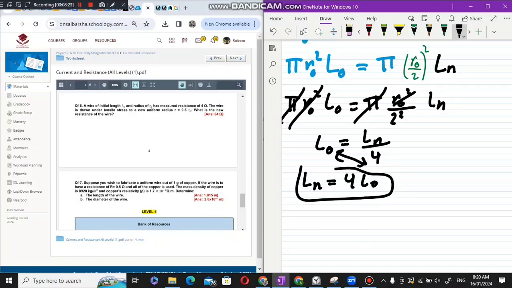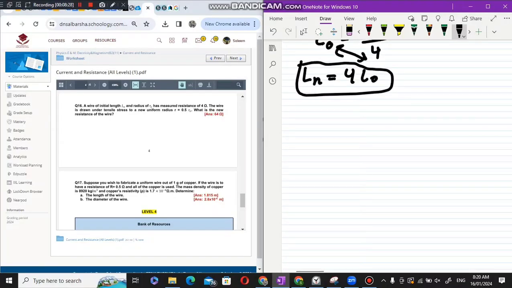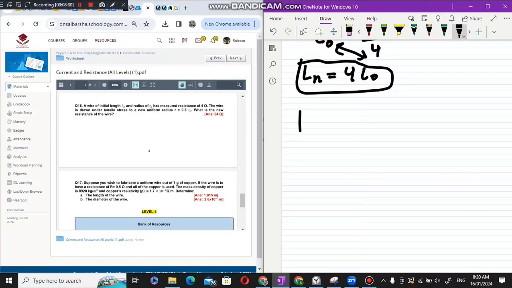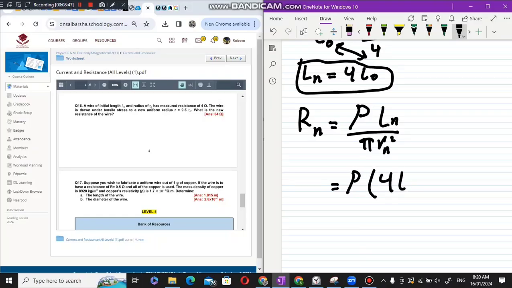Now since we got this, we can plug it into the normal resistance equation, where it says the following. Resistance new will be equal to resistivity, since it's the same material, so they have the same resistivity, times length new over pi times R new squared, which is equal to resistivity times 4 length old, because this is equal to this, divided by pi times.